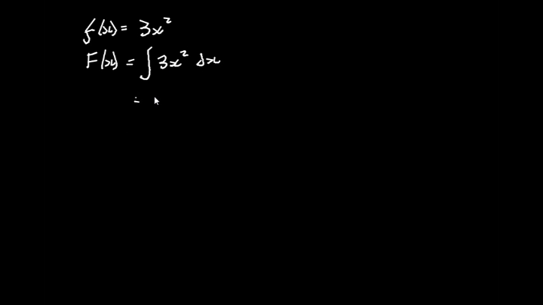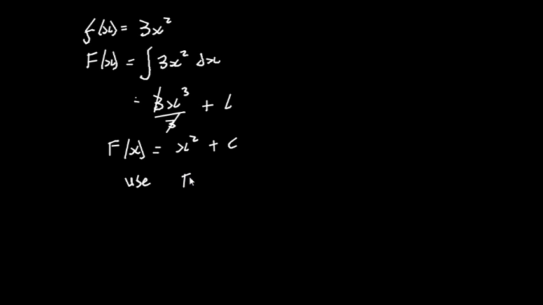If we do that, we get 3x cubed, divided by 3, they cancel. F of x is just x cubed. And now, just remember, we need that constant.